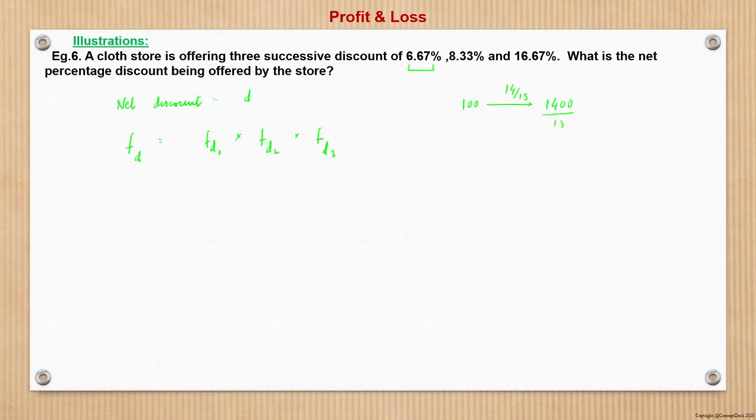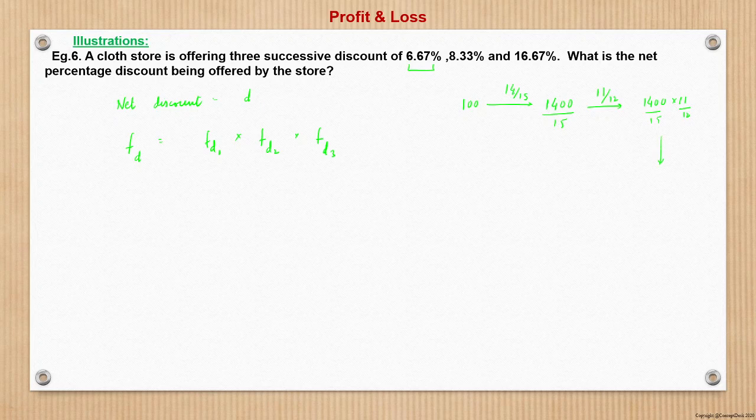Right? 1400 by 15. Now over this 8.33% down, 8.33 means that is 1 by 12, 1 by 12 less than 1. So that becomes 11 by 12 times this. So here it becomes 1400 into 11 by 12 into 15.